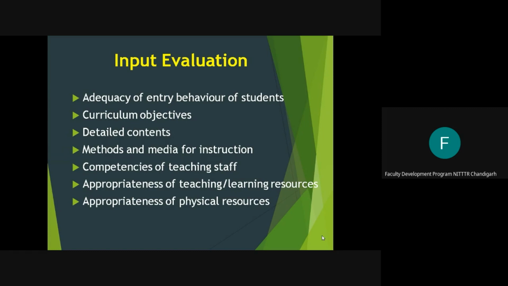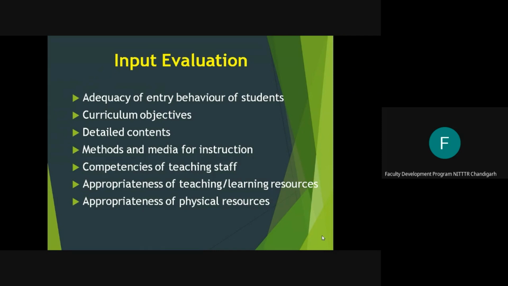The staff may not be trained enough to teach those subjects. So when I'm evaluating the curriculum, I would like to know whether the faculty teaching that curriculum are competent or not, whether they are trained or not, whether they are updated from time to time or not. So this is very, very important.